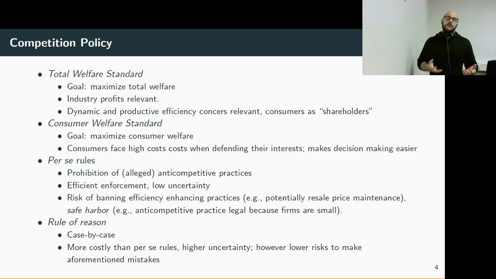A good example would be mergers, right? It would be a little bit naive to say that every merger is bad and thereby we block mergers altogether. What we instead do is look at every merger and say whether it's good or bad. Of course, in practice, we have some thresholds, for instance, when it comes to the annual revenues of the firms wanting to merge, below which we say that's not a problem.